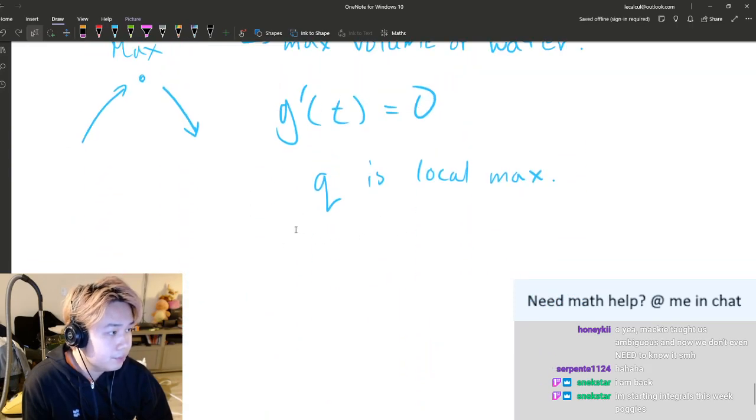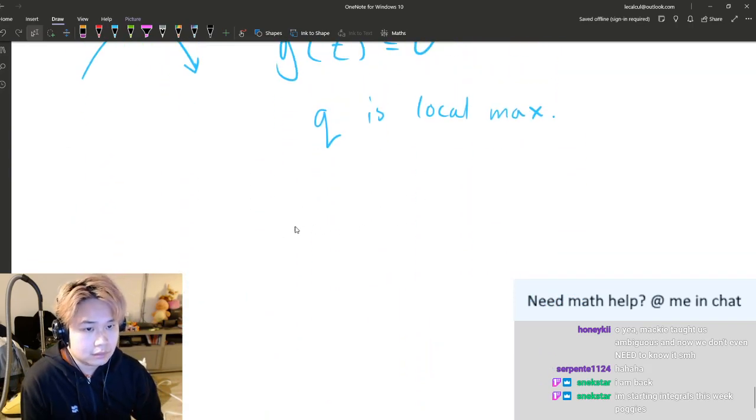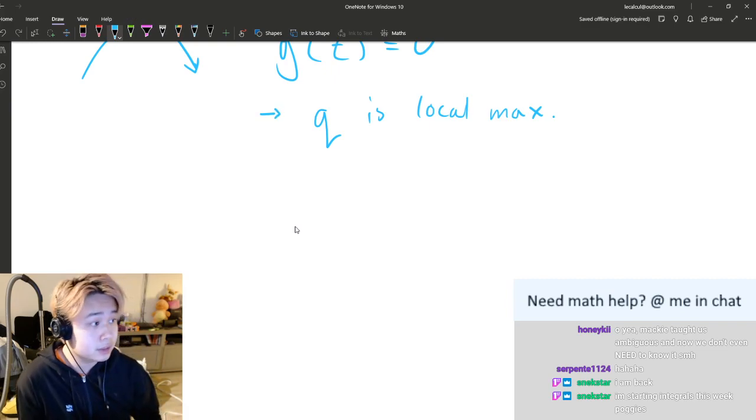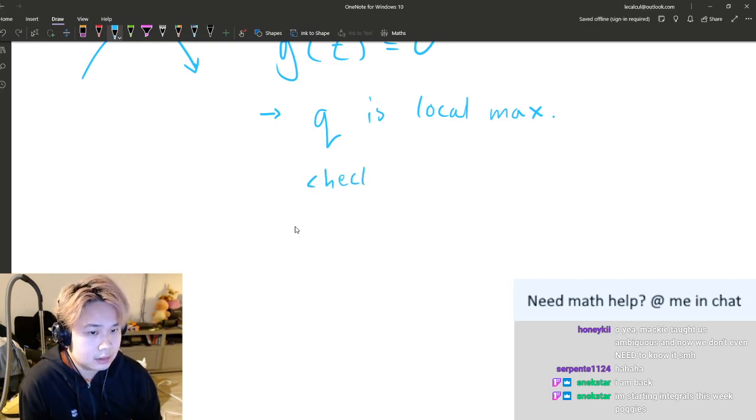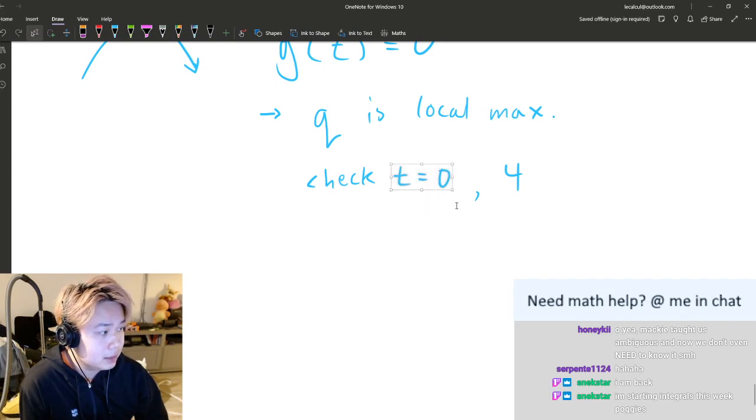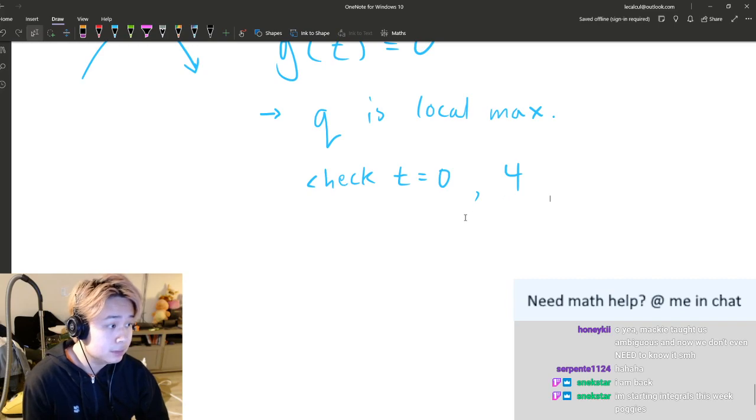Okay, so this is one of our possibilities, right? Of being the absolute maximum, because we know it's the local maximum. However, we need to check boundary points. Now, the only way we can do that is if we can plug our t values into g, but we don't know g, we know g prime. So we're going to need to take an integral.